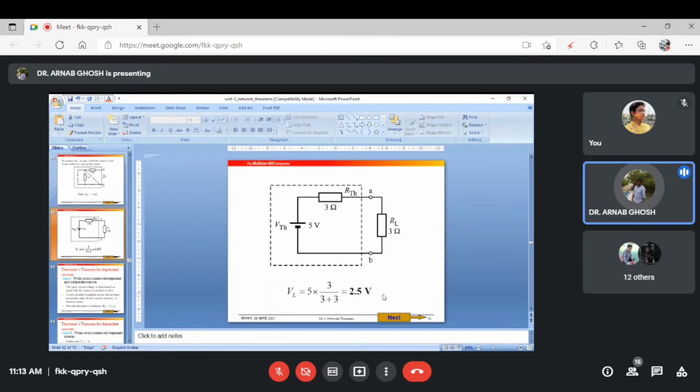If it's a current source, all must be current sources. Here we had two current sources and one voltage source, so we converted that voltage source into a current source. We found a single current source, the resistance, the open circuit voltage, and the total Thevenin's resistance, and then we calculated the voltage across the load resistance.